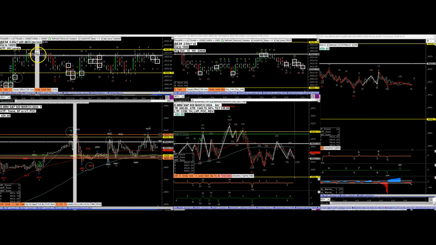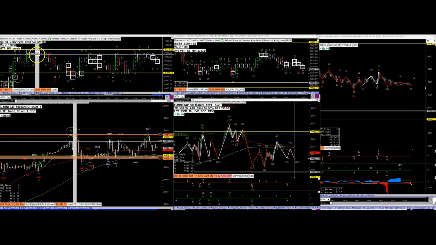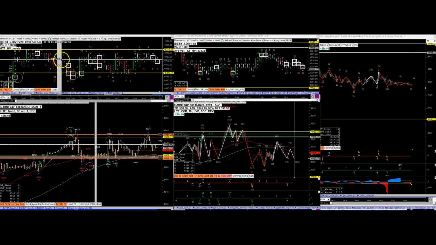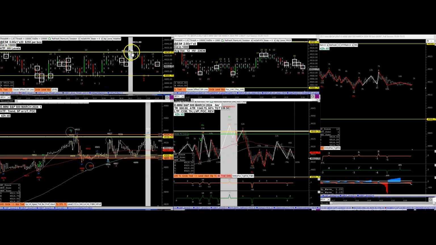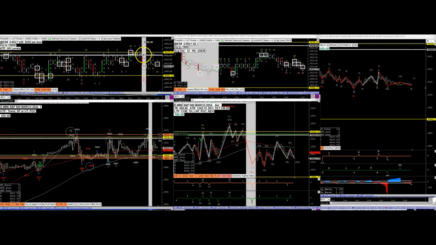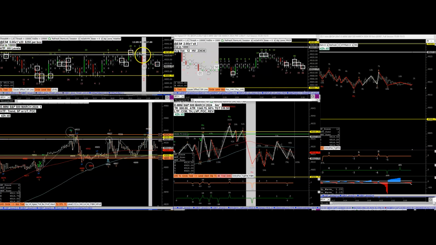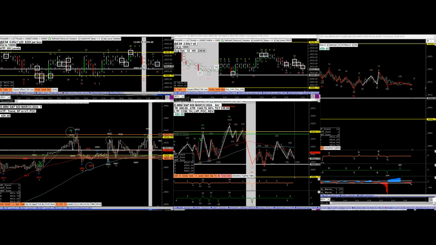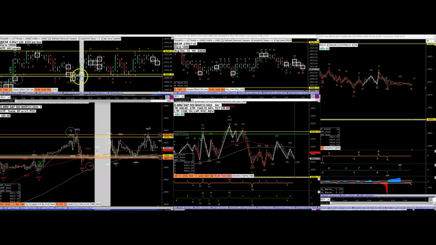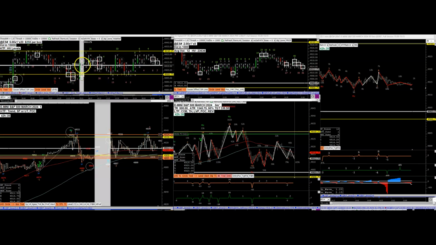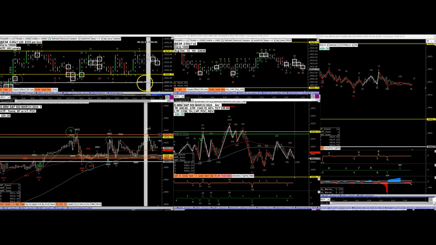Here, they sold, and that's why price went down. They sold and they distributed, price goes down. Bought it, went up. Here, they sold. That's why price goes down. The high volume plus the price action after it tells you this is distribution. The high volume plus the price after it tells you this is accumulation.